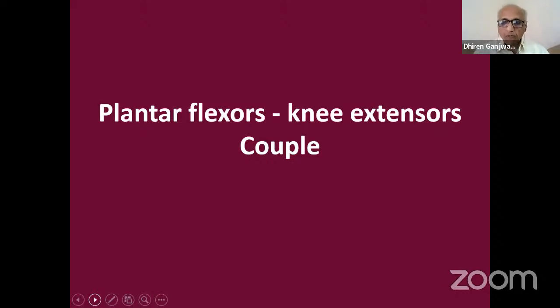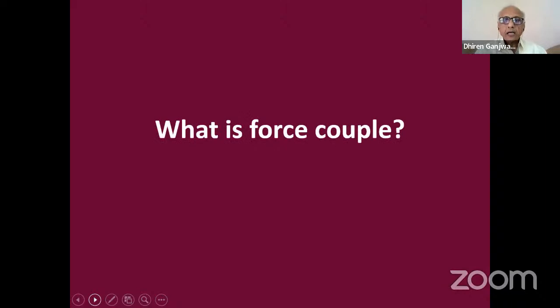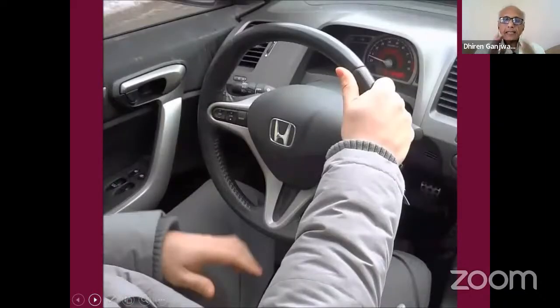Many of you must know what a force couple is, but for those who are hearing this word for the first time, what is a force couple? Let's see: you are driving a car and you hold the steering wheel with one hand, and this one hand will try to rotate the steering wheel either clockwise or anti-clockwise. So force is coming only from one side.